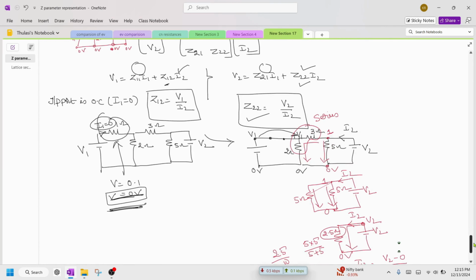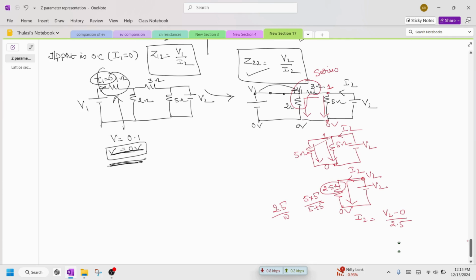So from here I want the ratio of V2 by I2. So therefore V2, this will come to the denominator, V2 by I2 is equal to 2.5 ohm. So which is Z22, this is 2.5 ohm.